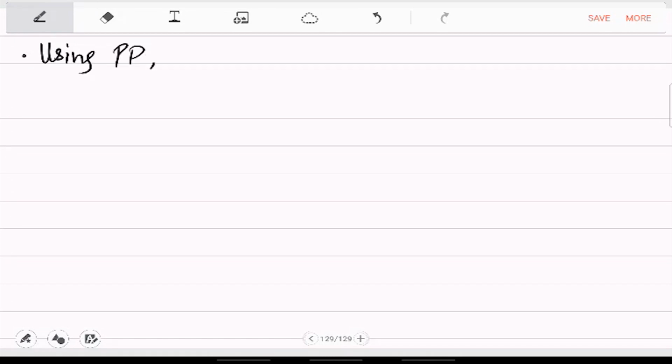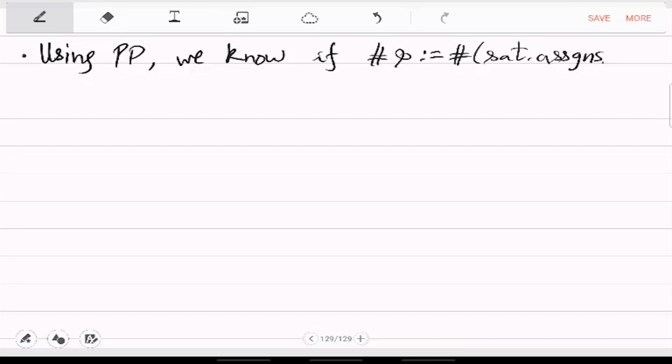So using PP, we know if the number of satisfying assignments of phi, okay, this notation will mean number of satisfying assignments, is greater than or equal to 2 raised to n minus 1 or not.